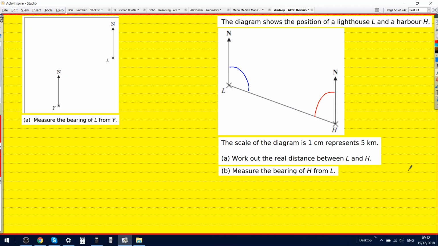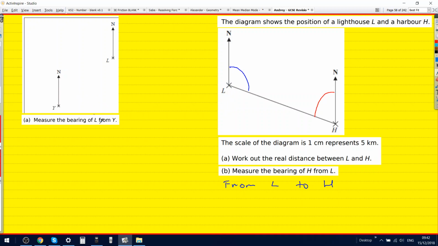The red one? No. These are always written in reverse. Basically that means from L to H. Of H from L means from L to H. And so it's always the angle between the line that connects them and north. Okay. And you'd measure that with your protractor.